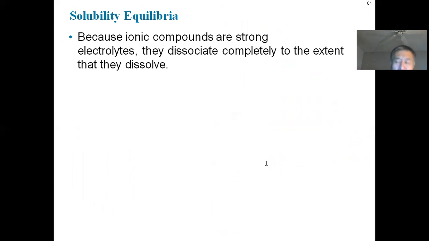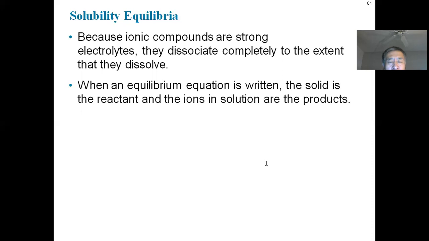Even some of those compounds, as we saw before, are insoluble, but they are not 100% insoluble, so they still have a small amount of ions get into water. Because they are ionic compounds, they will totally dissociate into ions, and that becomes an equilibrium situation.